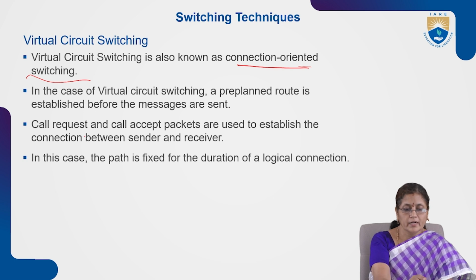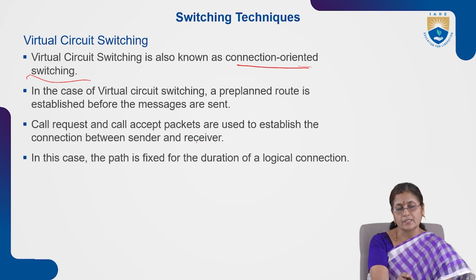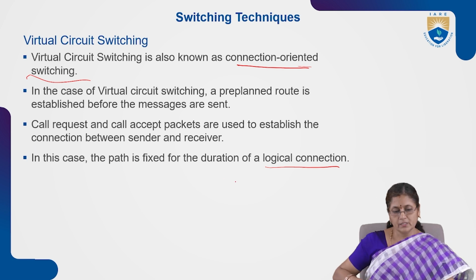There will be call request and call accept packets, which are used to establish the connection between sender and receiver. In this case, the path is fixed for the duration of a logical connection. So until the logical connection is there, there will be a fixed path for a particular fixed duration.